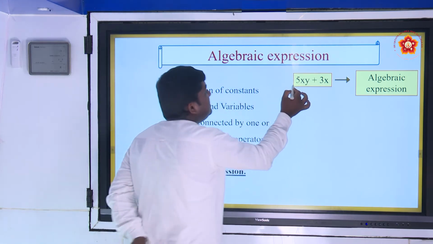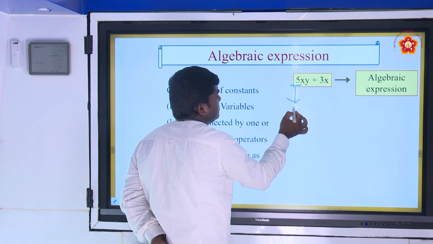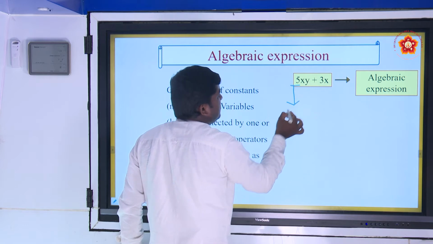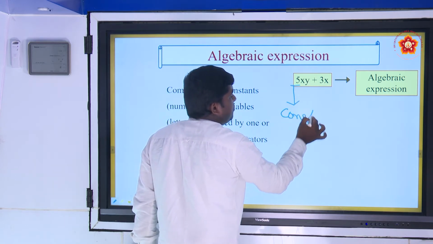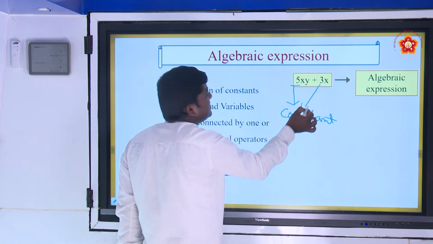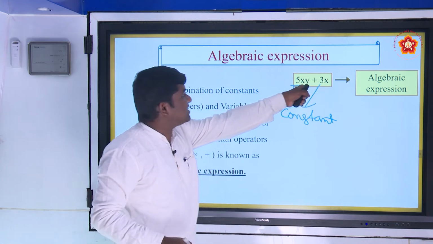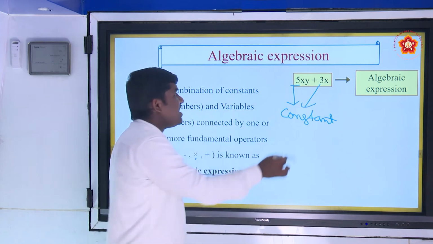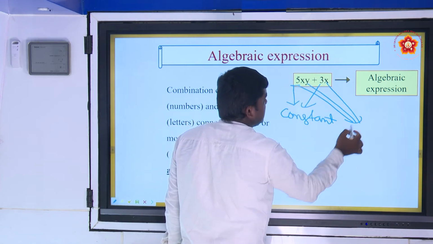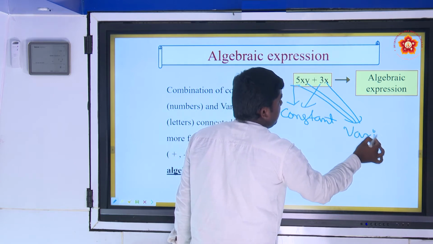See here, this 5 is constant. Only 5 is constant? No, this 3 is also constant. Then what about x, y and x? These are all variables.